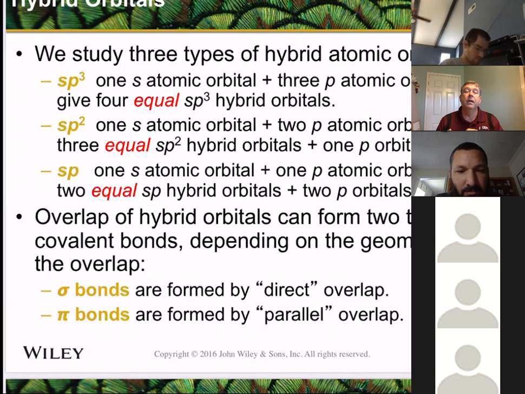As we move to the sp, we can bond 2 times with sigma bonds because we have 2 equivalent orbitals and those 2 p orbitals. If you can visualize this, it's going to make all of our other functional groups very easy to understand. So sigma bonds are the direct hybridized orbitals, pi bonds are the parallel overlapping p orbitals.